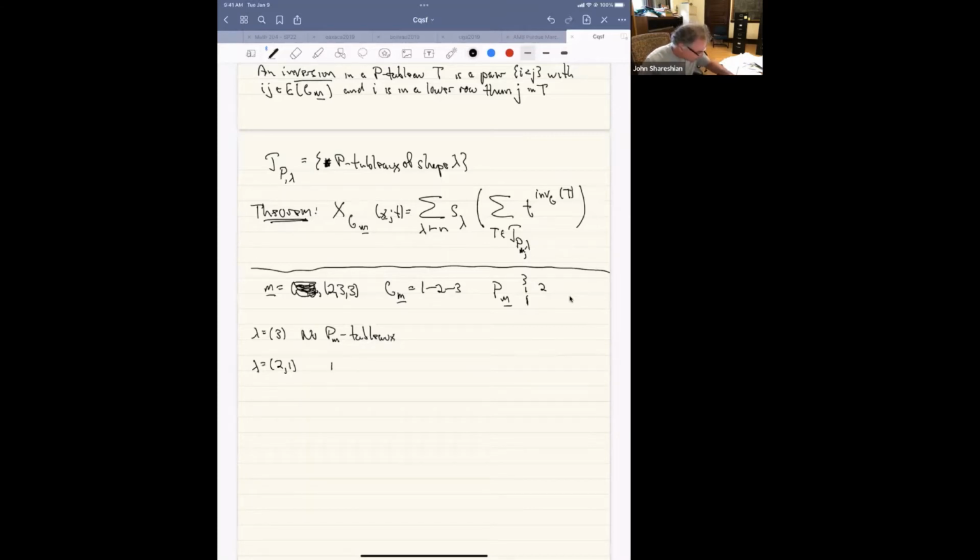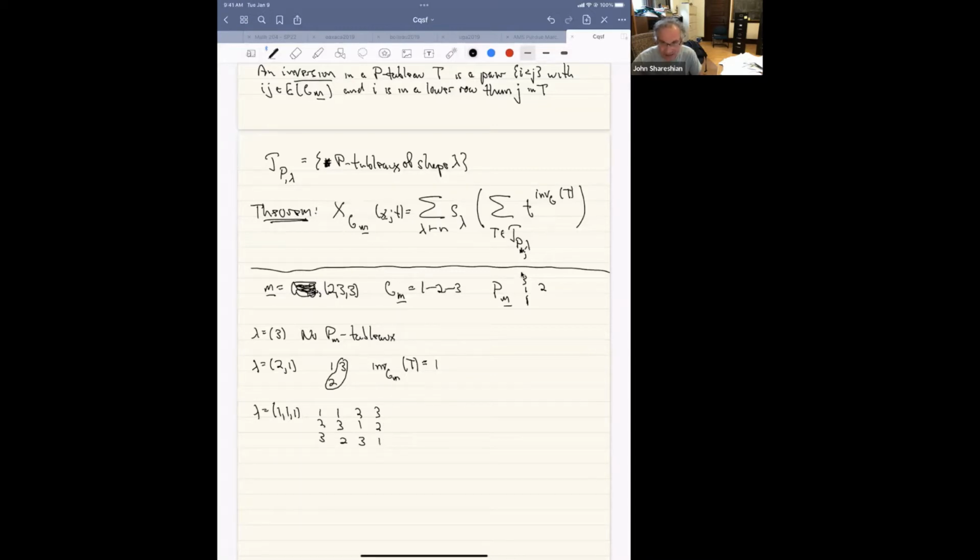Now lambda is 2, 1. My only choice is to put the chain 1, 3 in the first row and 2 in the second row. Now there's an inversion here, so there's one inversion. Finally, lambda is 1, 1, 1. The condition that there's no decrease in a column means that I cannot have 3 directly above 1.